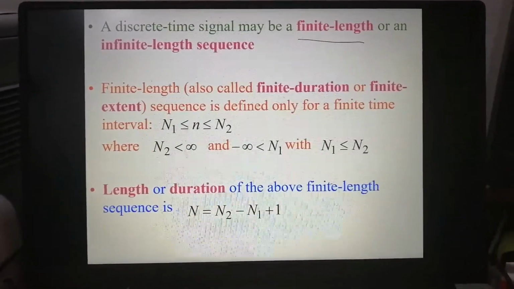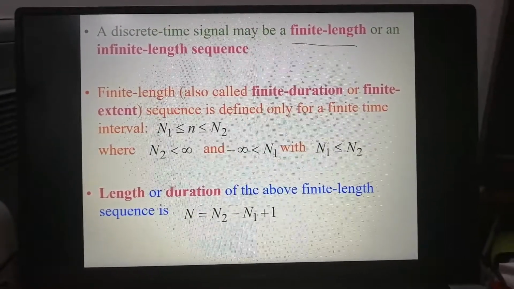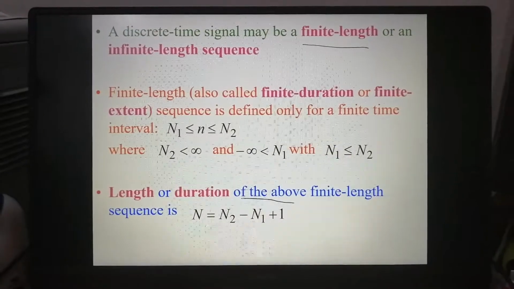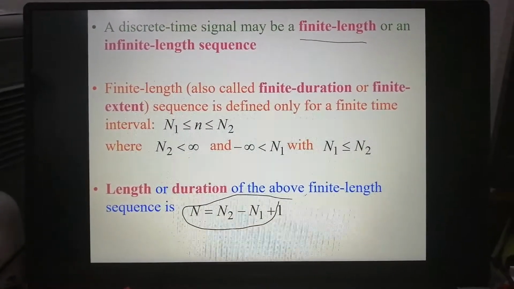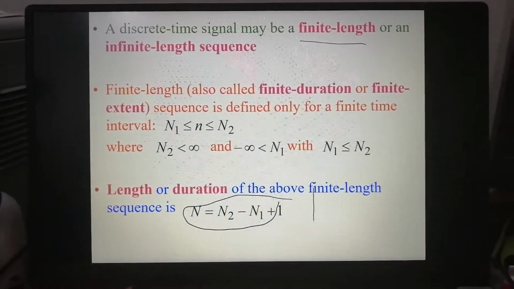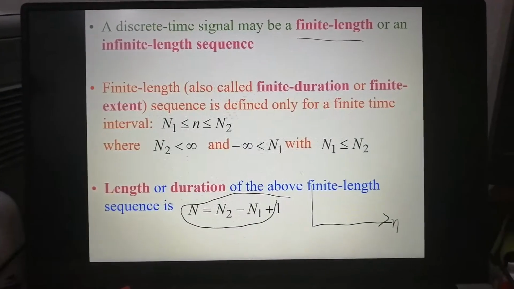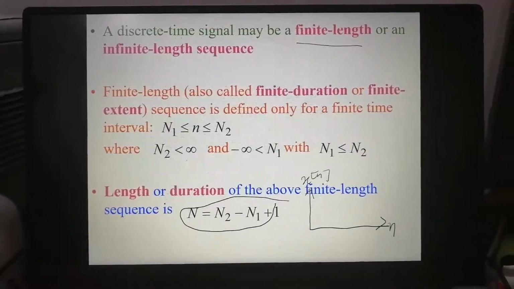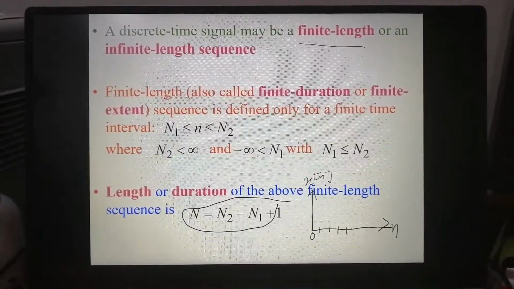Anyway, okay, so the length or duration of a finite length sequence, kita boleh dapatkan dengan menggunakan formula yang ini. So let's say we have a signal, this is x[n]. You have 0, 1, 2, 3, 4, 5, katakan.